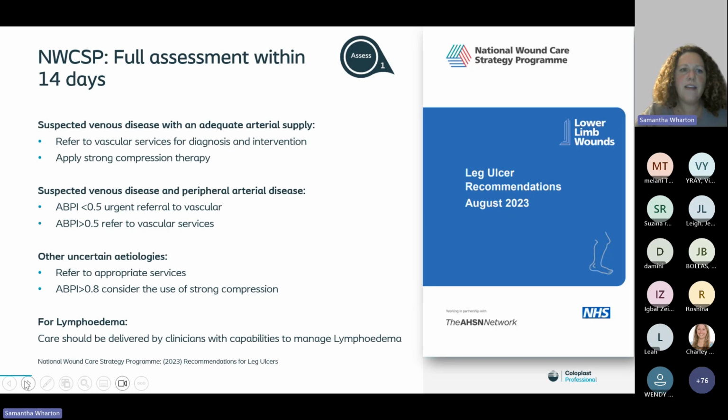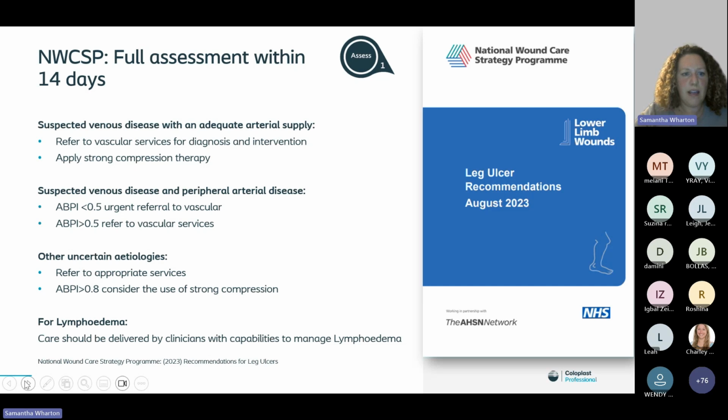If there's suspected venous disease with an adequate arterial supply, refer to vascular services. So hopefully everyone has a good referral system into vascular services, and then apply that strong compression therapy. Suspected venous disease and peripheral artery disease: if the ABPI is less than 0.5, urgent referral to vascular.